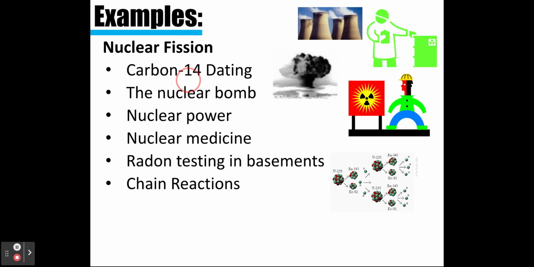Carbon-14 is an isotope of carbon. Most carbon that naturally occurs is carbon-12. It has a mass of 12, meaning it has 6 protons, 6 neutrons. But carbon-14 is heavier because it has 2 extra neutrons in the nucleus, making it heavier and therefore unstable.